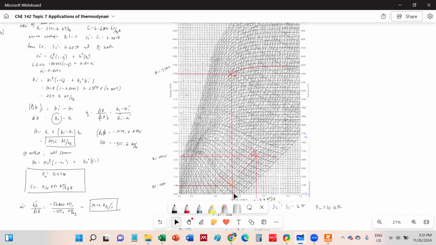I mentioned that last meeting. So this point right here is the isentropic expansion, and then we read the values from the graph.